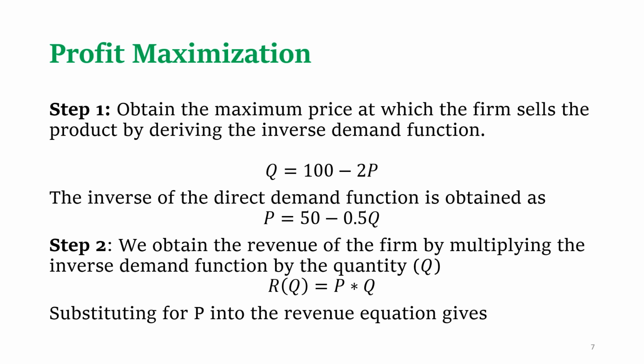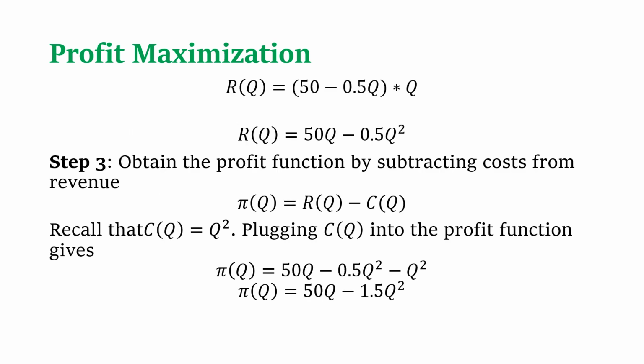So when we say price times the quantity, we take that price equation, 50 minus 0.5Q, and multiply that by Q. That gives us what? 50 minus 0.5Q, multiplied by Q.